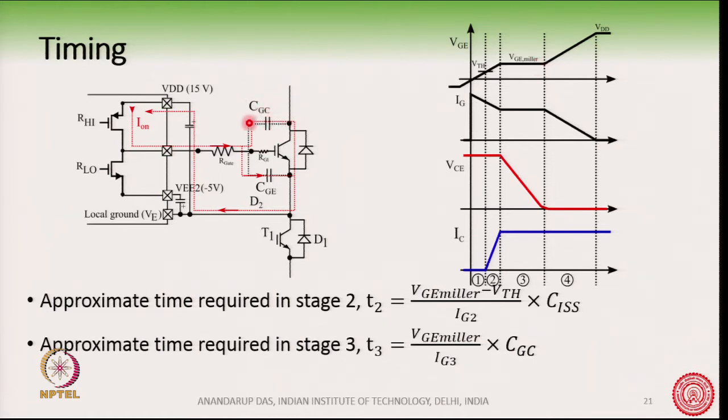The entire effort is utilized in order to discharge the CGC. So, this time T3 into Ig3 is the total charge, which will be equal to VGE Miller into CGC. So, that much charge will be required from the gate driver board. From this we will approximately get these values, again a very crude approximation.